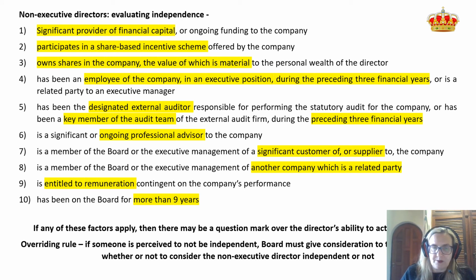I personally have a bit of a criticism with this, because 9 years is not a very long time for non-executive directors to sit on boards. And what we do want is a wealth of experience and history and knowledge of the company. And it is disappointing to see some of those directors being considered not independent.